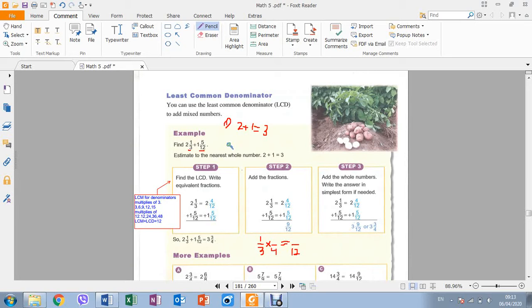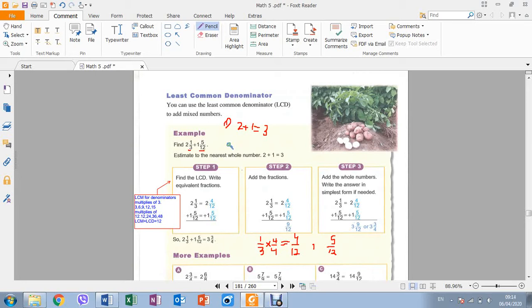And when I multiply the denominator by 4, at the same time I need to multiply the numerator. 3 times 4 is 12. 1 times 4 is 4. Now the second fraction, it's 5/12. We have denominator 12, don't touch it, okay?